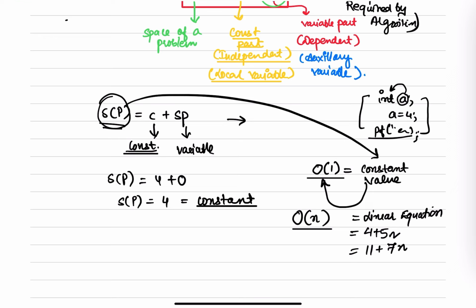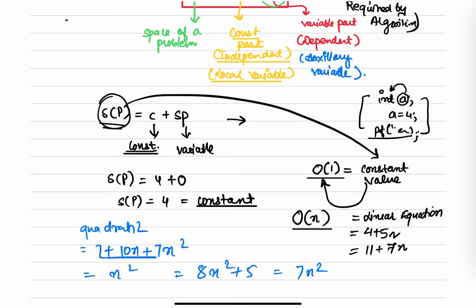So if it's a quadratic equation, how are you going to define it? For example, you have 7 plus 10n plus n square, or just n square, or 8n square plus 5, or just 7n square.